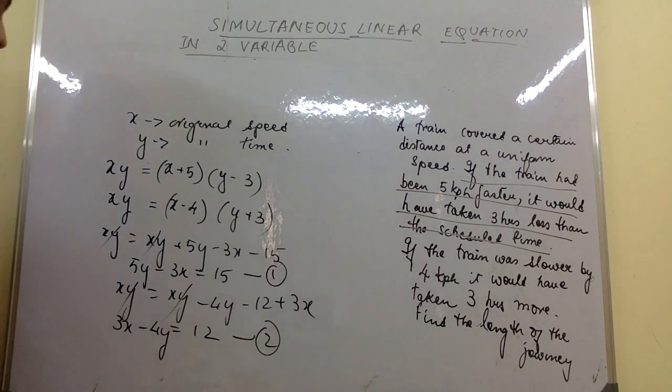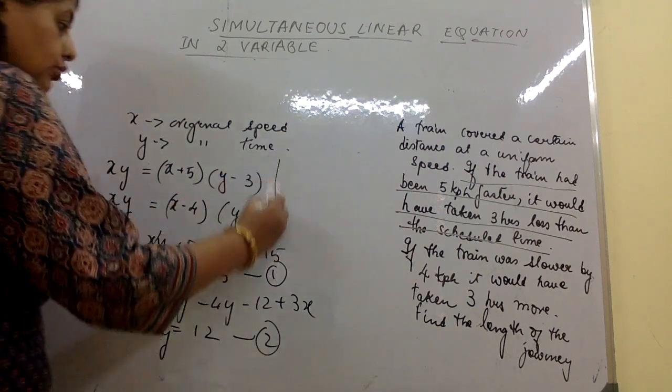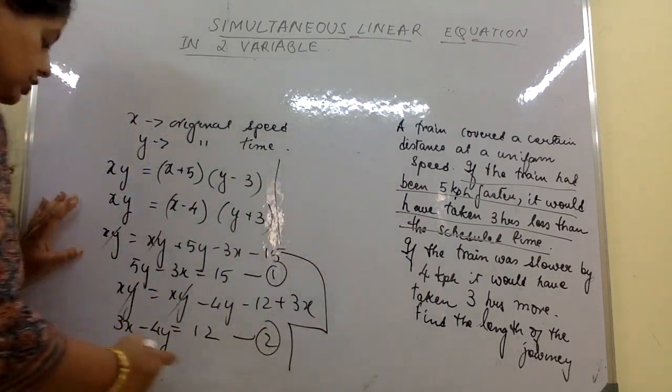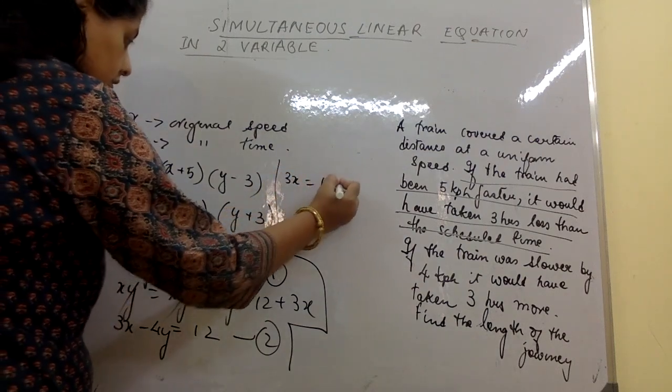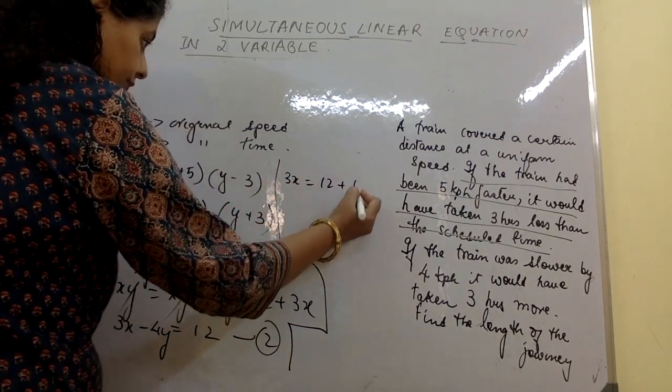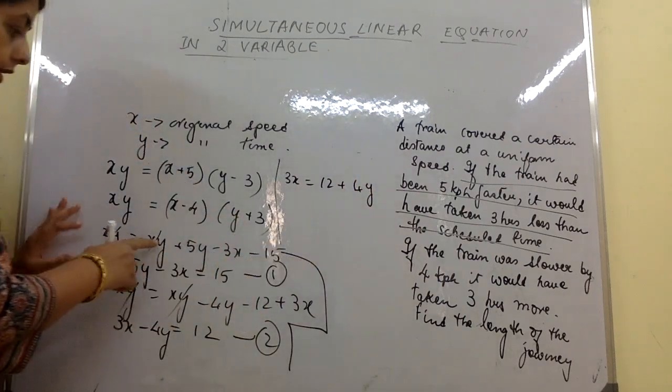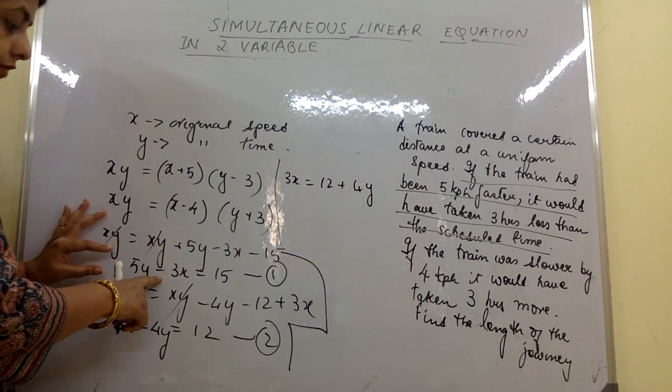Now if you see here, between this and this equation, you can see that there is one 3x here and one 3x here also. So what I can do is, maybe I can substitute it straight away. This 3x in the second equation can be written as 12 plus 4y. Okay, and that 3x I can take and put it in the first equation.